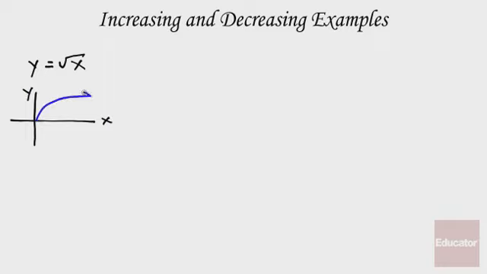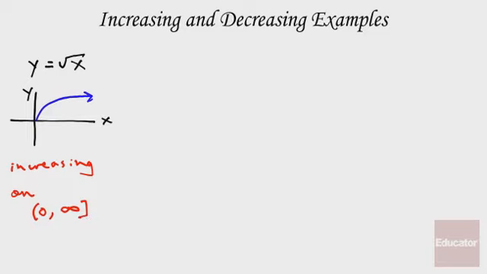And here is, roughly speaking, what its graph looks like. And this function is increasing on 0 to infinity. So let me write that down here. And technically, it's increasing on 0 to infinity, not including 0 itself.